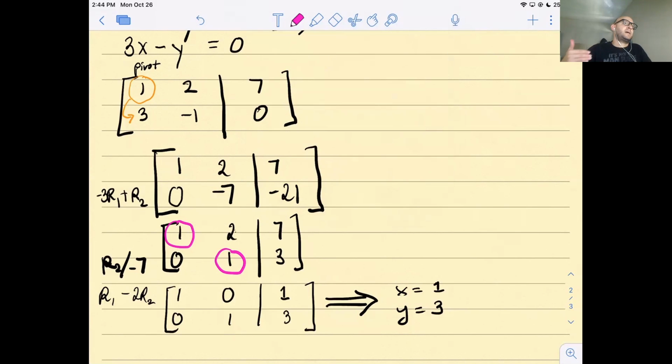As you use the pivot in the second row to eliminate that 2, because you had a 0 right next to it, you don't have to worry about messing up the other pivot. So maybe let's try a 3x3 so you will see this in action. Are there any questions about this example?